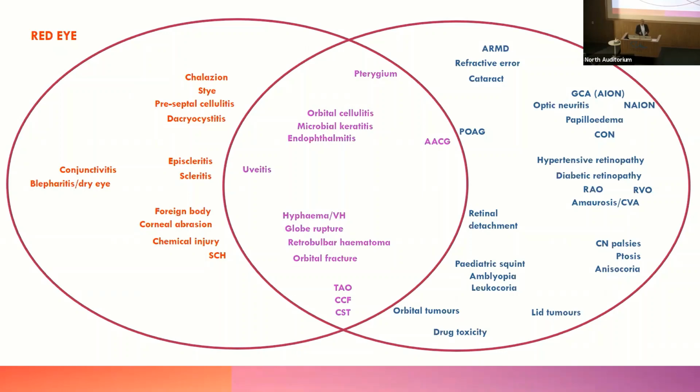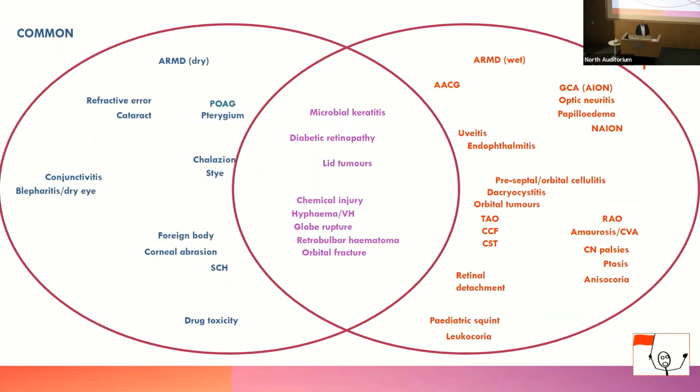And that's one good way to approach ophthalmology. Another way is to think of things as common or serious and urgent or both. So for example, microbial keratitis, an infection of the cornea, is not uncommon. We'd see these every week in a public hospital, but it's definitely serious and urgent as well.